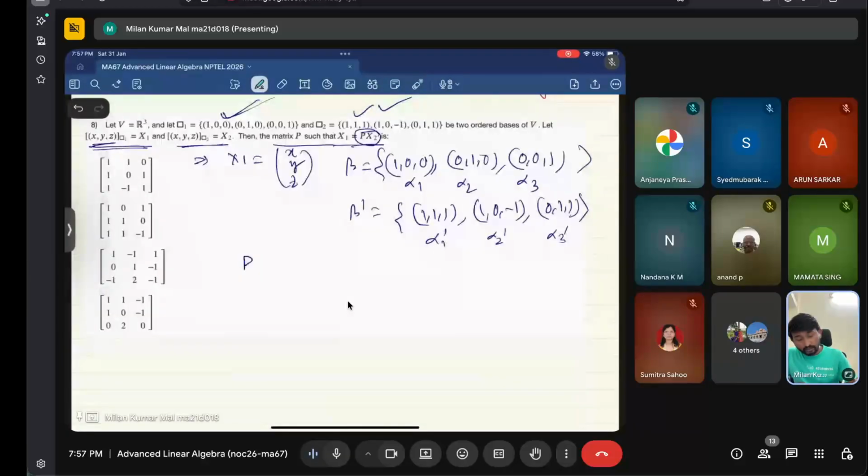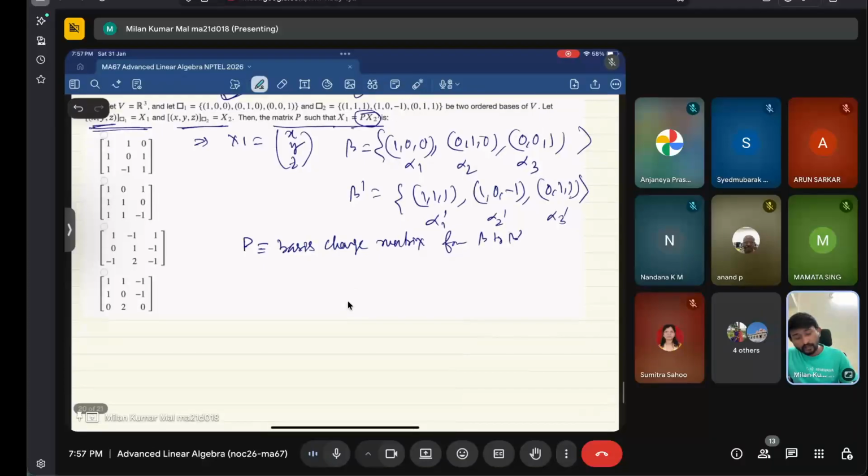So P is actually the basis change matrix from beta to beta dash. For that, I have to write alpha 1 dash in terms of alpha 1, alpha 2, alpha 3. That is alpha 1 plus alpha 2 plus alpha 3, clearly, because if you want to write (1, 1, 1), you have to take the sum of all of them.